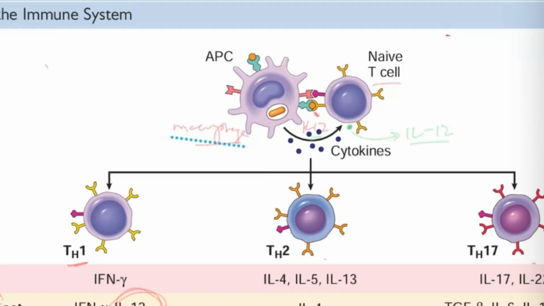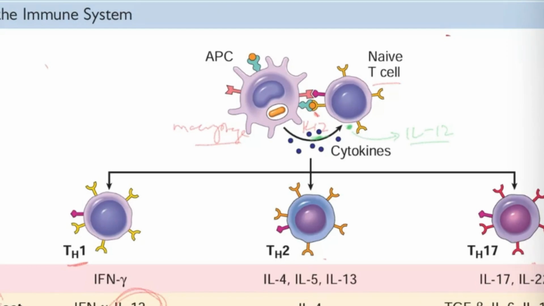But because the interleukin 12 receptor on the naive T cell that's supposed to bind to the interleukin 12 from the APC or the macrophage is dysfunctional, that means the naive T cell will never respond to this interleukin 12.